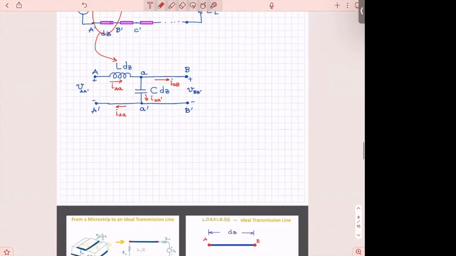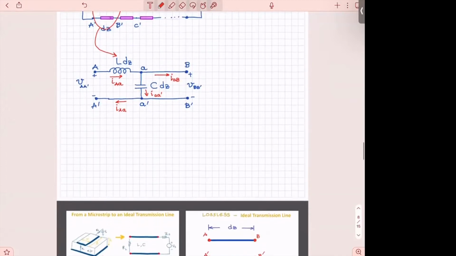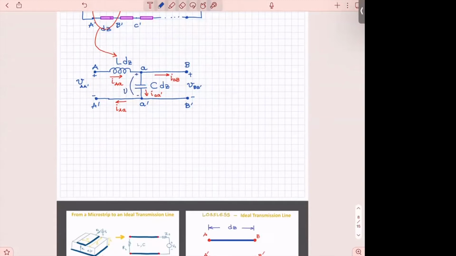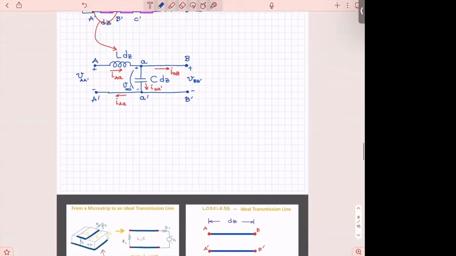And then I'm trying to write my law. So let me start. And of course, voltage V A prime. This is V A prime, okay? Let me do it better. V A prime. All right, so now I'm writing Kirchhoff's laws. What do I have here?